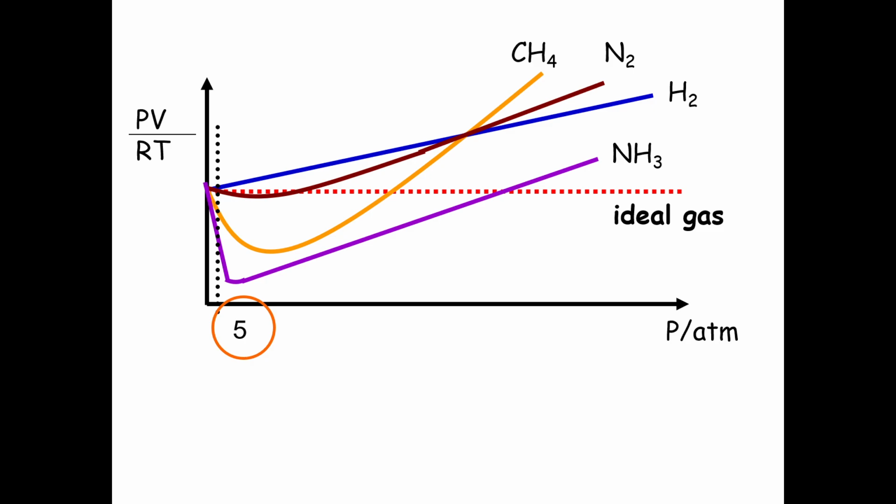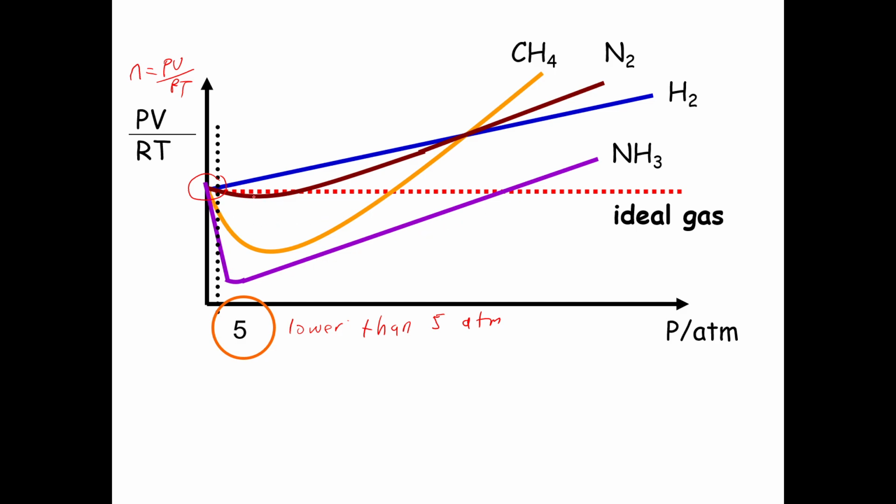Okay, low pressure dalam graf ni, kalau kamu tengok, low pressure refer to, okay, this one is small, equal to PV over RT. So low pressure kita consider lower than 5 atm. So lower than 5 atm, most real gas behave ideally. Okay, so kalau yang garis ni, so garis ni represent deviation from ideal gas.